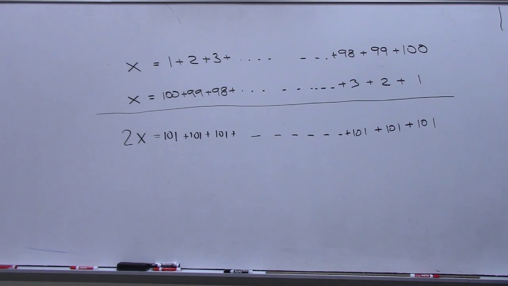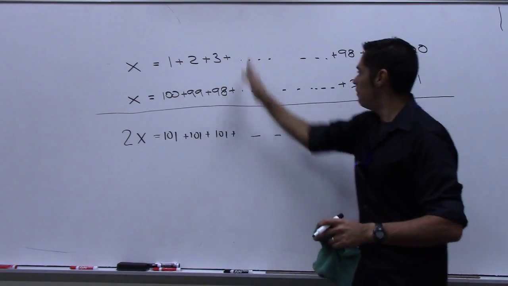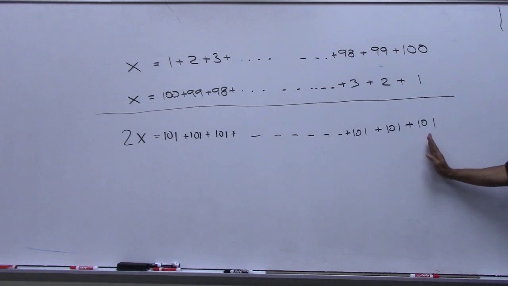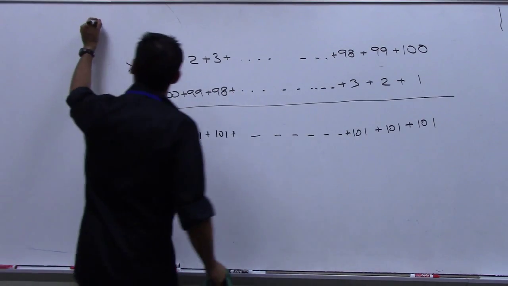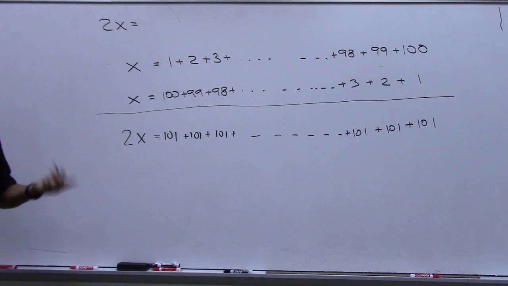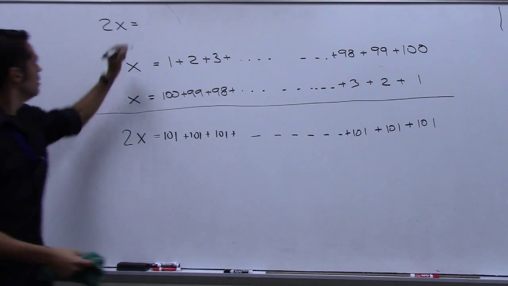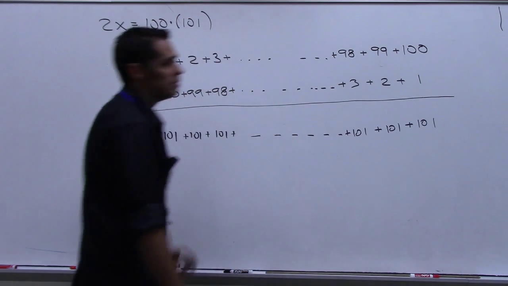How many 101s would you have? Think through it. Don't just spit an answer out. How many would you have? Well, you have one of them here, right? Then 2, then 3, then 4, then 5. You will have 100 101s, won't you? So twice x, I'll put it up here. 2x should be equal to 100 101s. 100 times 101, right?